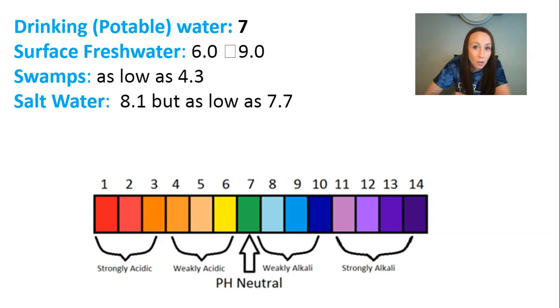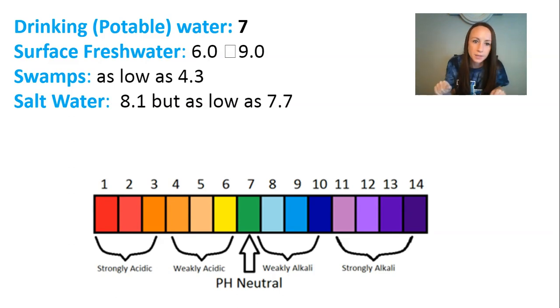You can start having some health problems, and the acids can start affecting your teeth and your stomach if it's anything but a 7. When we talk about surface fresh water, so lakes, rivers, streams, they can hug numbers close to 7, anywhere from a 9 to a 6. So they want to be close to 7.